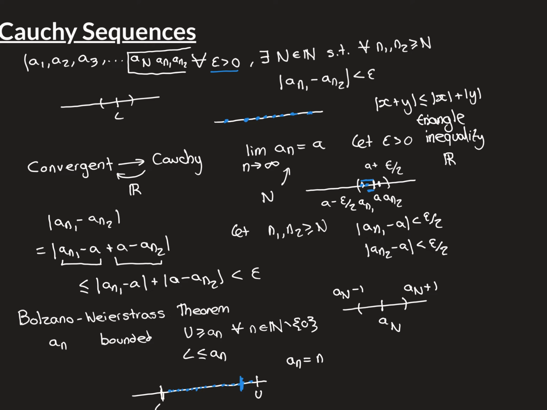So for all the little n's greater than or equal to big N, they're going to be inside this interval. So here is a general one there: little an is an element of this interval around a big N.